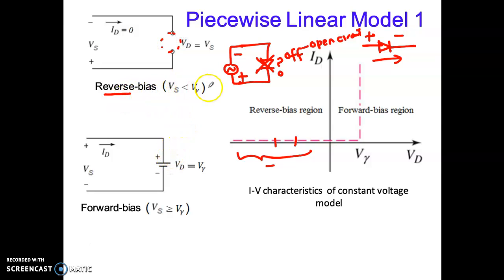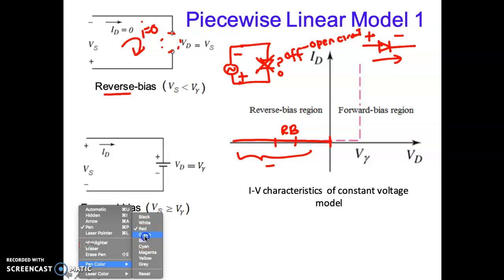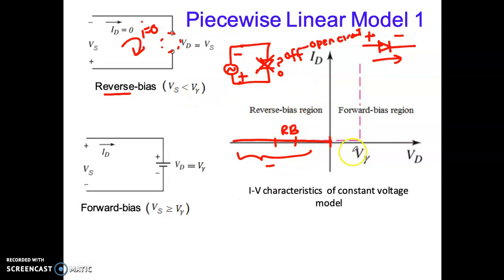During reverse bias, the diode becomes an open circuit, so there will be no current, so I is equal to 0. This is what we call reverse bias. In this condition, we have V gamma, which means the turn on voltage. You need to pass a minimum of V gamma in order for the diode to turn on.